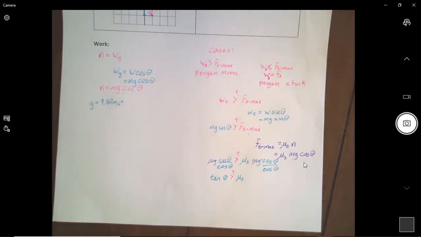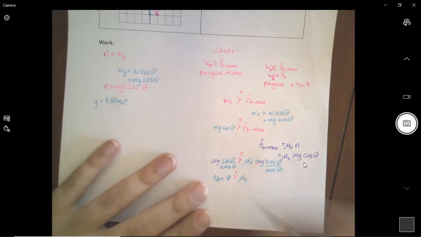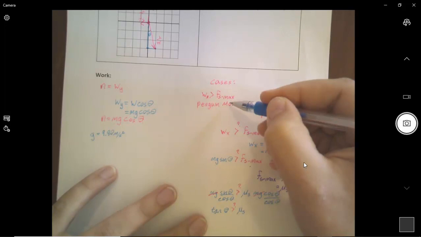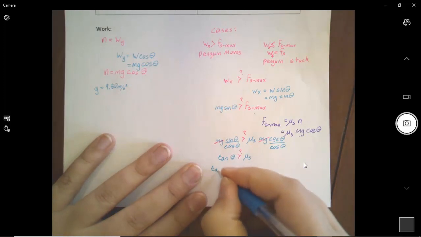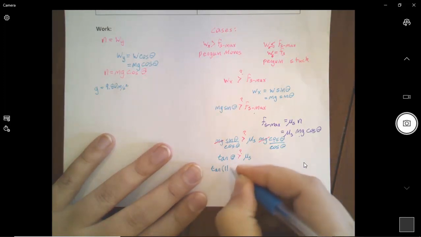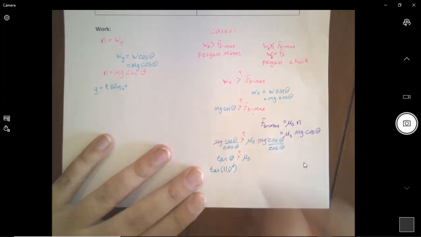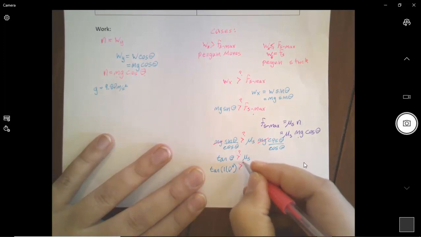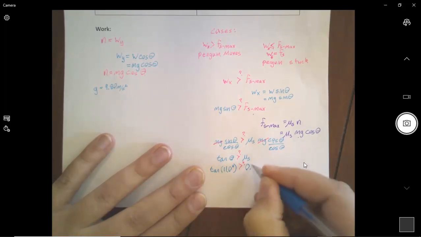So remember what we're trying to find out here. If the left-hand side is greater than the right-hand side, then the penguin is going to move. So let's see. We have tangent of 11 degrees, and we're asking if that is greater than mu s, which was 0.200.